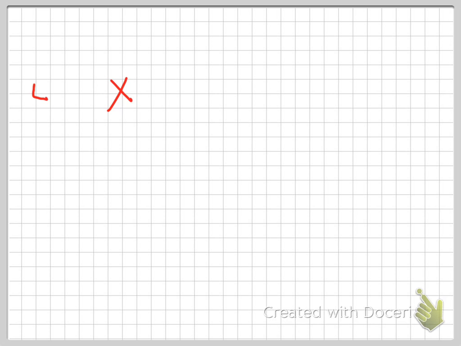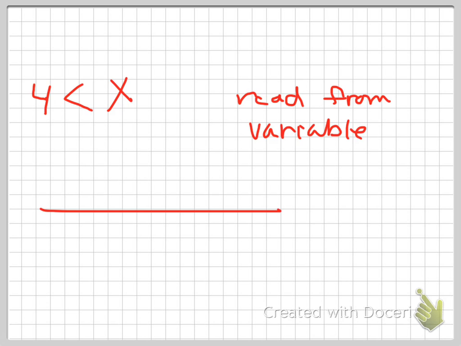If I have 4, we have 2 ways we can do this. Read from the variable. If I'm graphing this, I need 0 and 4. And now let's read it together.